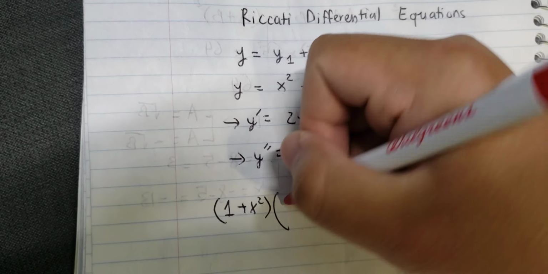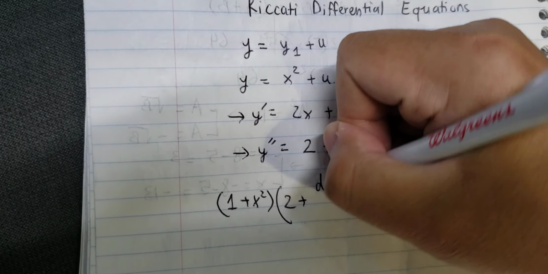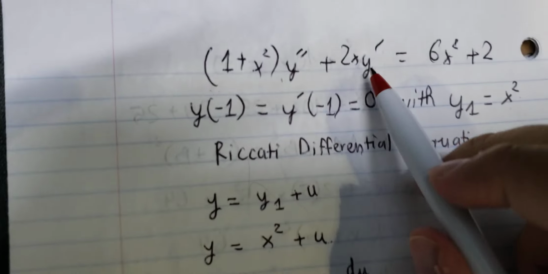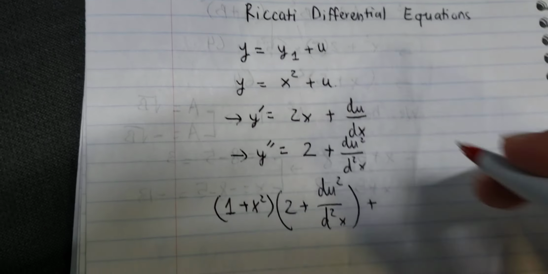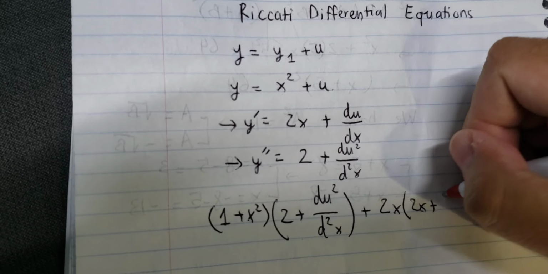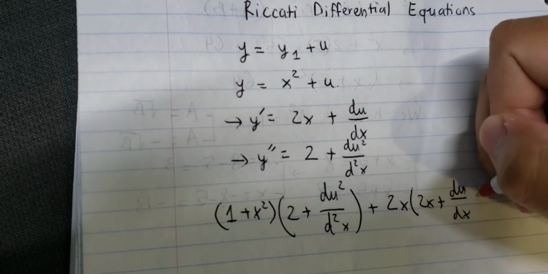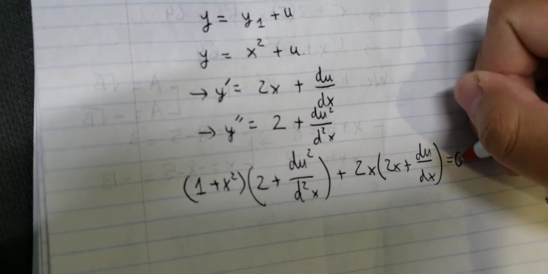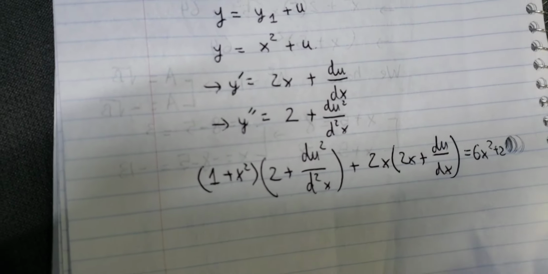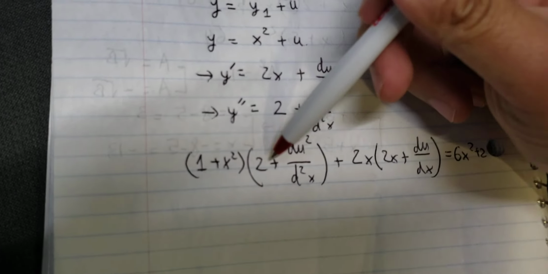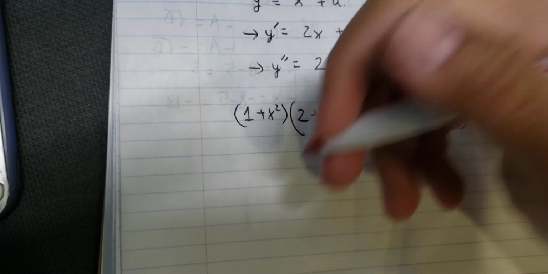So this one in here is this one. So this one is this one. So this one equals this one. And now we have 1 plus s squared multiplied by this one and this one.